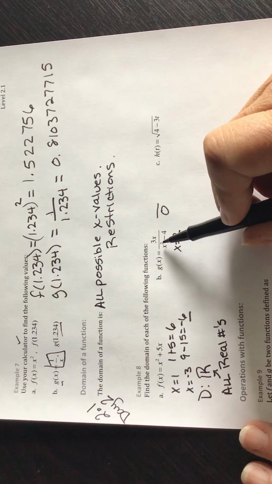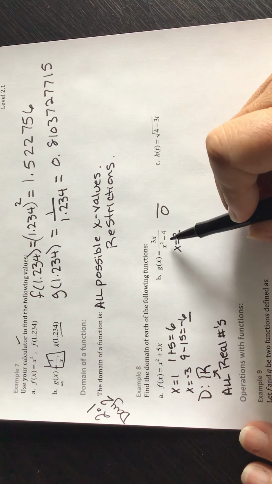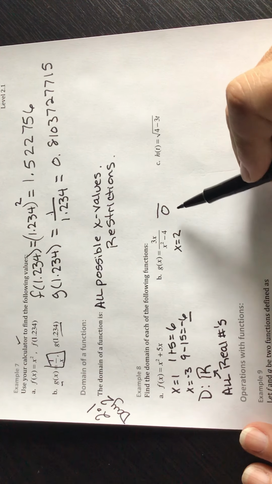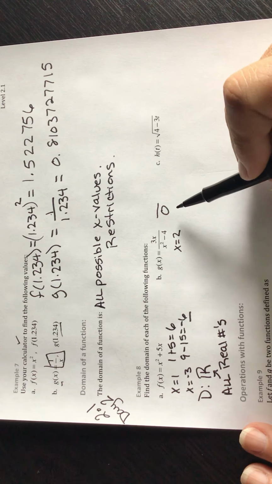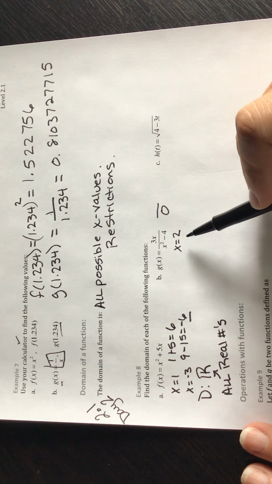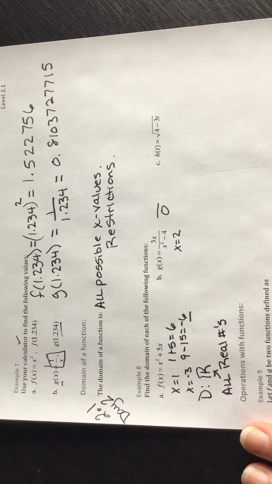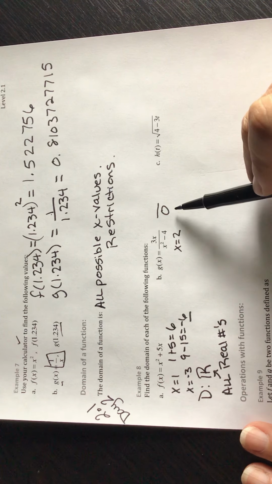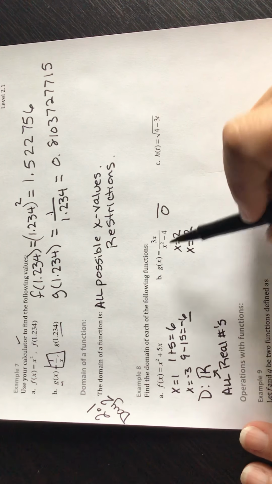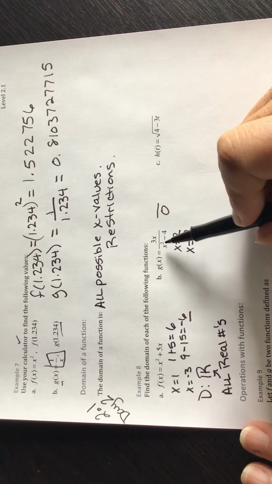I would have 2 squared is 4, and 4 minus 4 is 0. And we know that we cannot divide by 0. That's undefined. So in this case, I can put in any number I want for x, but I know x cannot equal 2 because I would be dividing by 0. And that's also the case for negative 2. If I plug in negative 2, I still get 4 minus 4 is 0.